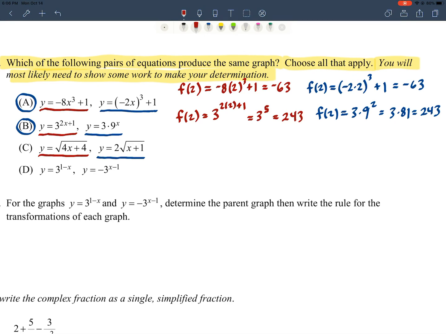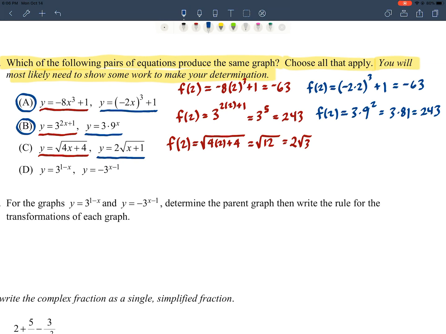Hey, let's stick with 2. It's working, right? If we plug in 2 here, f of 2 equals the square root of 4 times 2 plus 4. That's 8 plus 4 is 12, so this is the square root of 12, which is 2 radical 3.